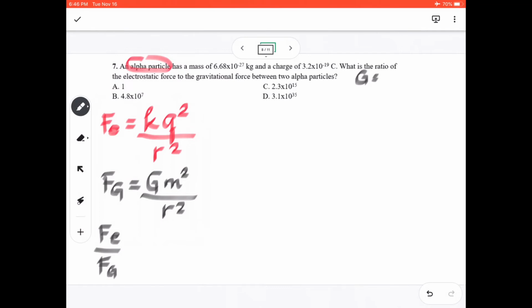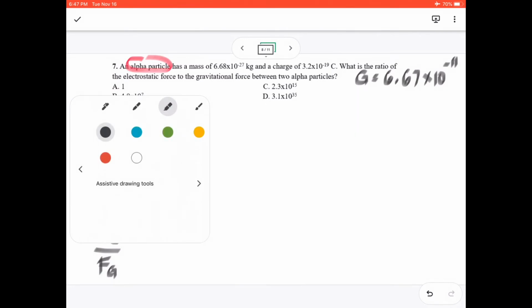So I'm going to give you the value of G, which is equal to 6.67 multiplied to 10 raised to negative 11. There's a series of units for this as well, but we just need the value, so I don't want to write the units. We don't have space. That's the only reason.